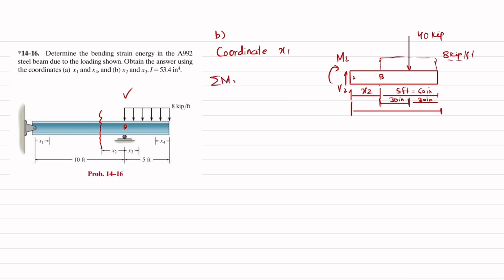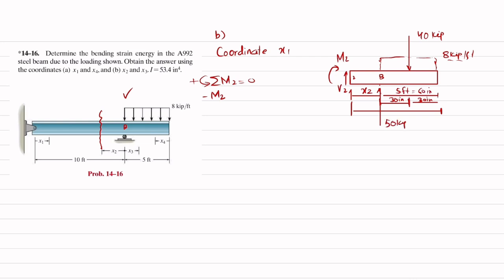Sum of all moments about point 2 is equal to 0, taking the counterclockwise moment as positive. About point 2, one moment is this clockwise one, which is M2, so it will be minus M2. Clear? The second moment will be due to the load at point B, which is RB. RB was 50 kips.